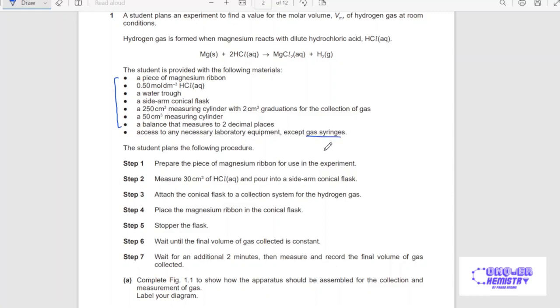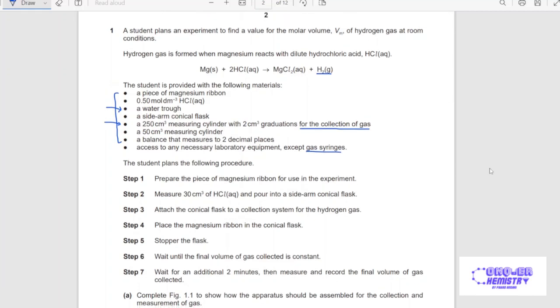So we'll not use this for the collection of a gas. What we do have though is a water trough and a 250 cubic centimeter measuring cylinder for the collection of gas. So the method that we'll be using is collection over water. Hydrogen gas that is being made is insoluble in water, so this is a suitable method.